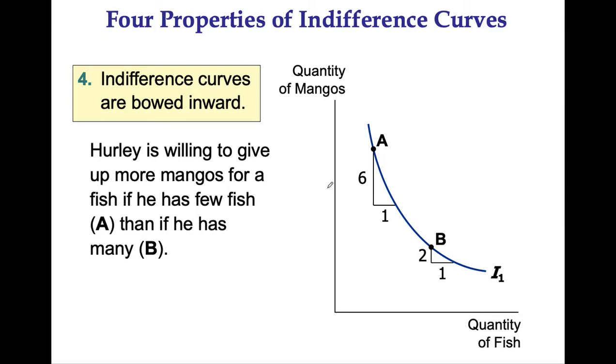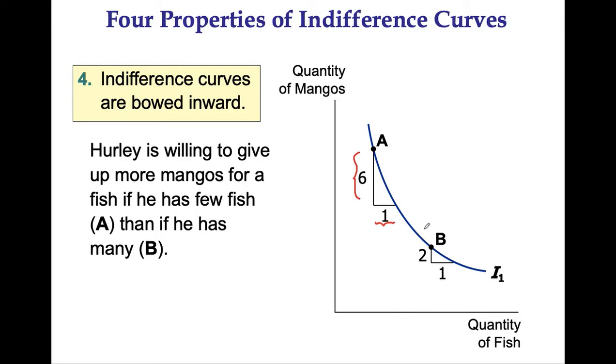Harley is willing to give up more mangoes for a fish if he has few fish, like in A. If he is in A, to get one more fish he should give up 6 units of mangoes.